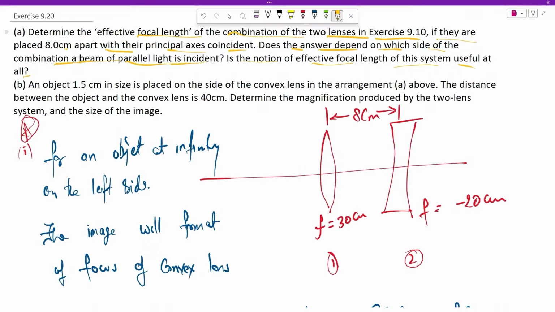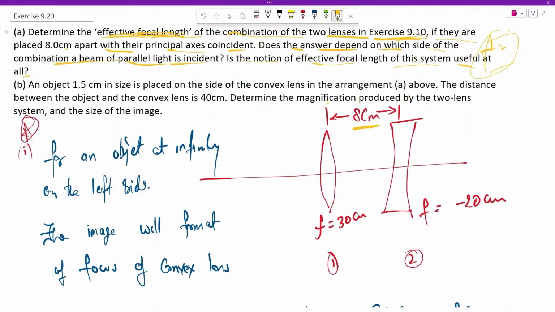In the previous exercise 9.10, we were given two lenses, a convex lens and a concave lens, and we were asked to find the effective or net focal length of the system. Now in this question, these two lenses are kept 8 centimeter apart. We have to find out what would be the effective focal length, and whether that holds any meaning at all.